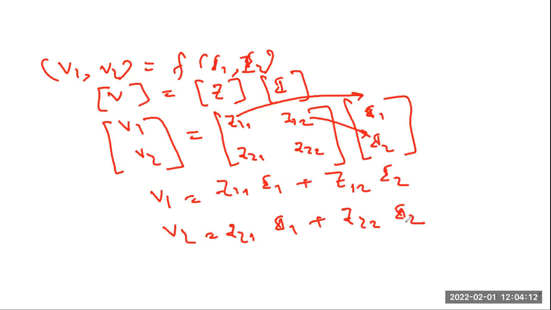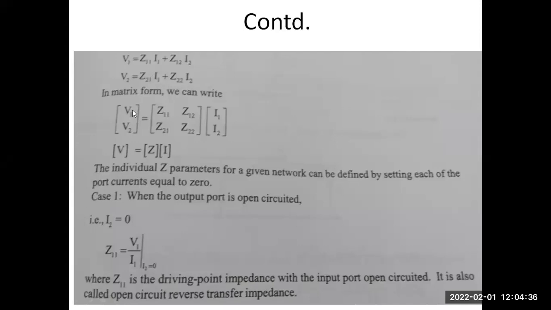Any doubt on this Z parameter till now? No? Okay, fine. So we can express the input voltage and output voltage in terms of the input current and output current. This way we can represent it in matrix form.